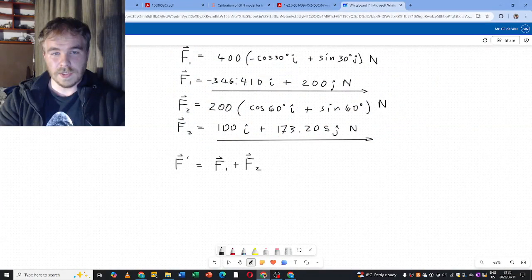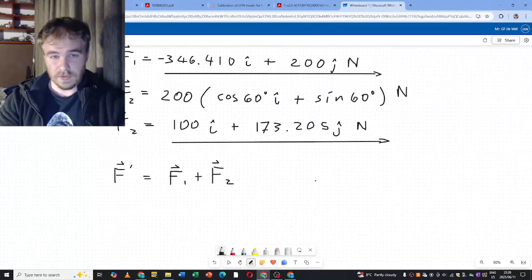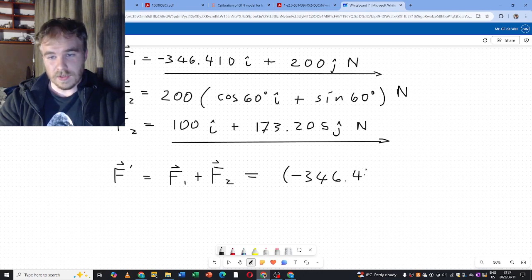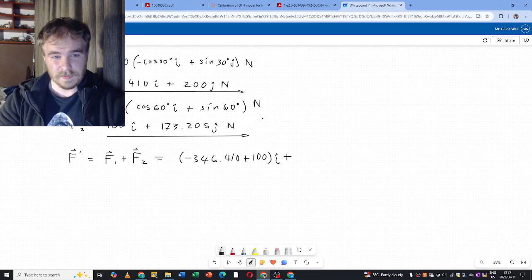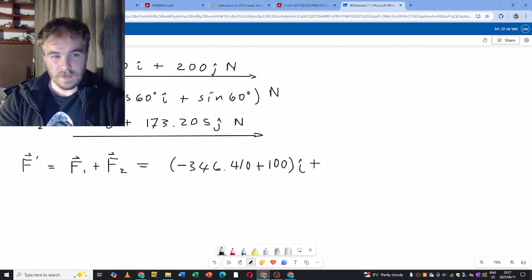And then we just add up the components. So it's going to be equal to, let's see, let's do brackets like this, minus 346.410 plus 100 in the i direction, plus F1.